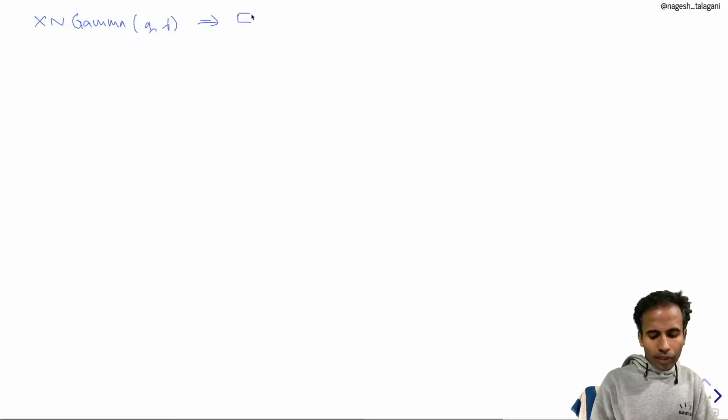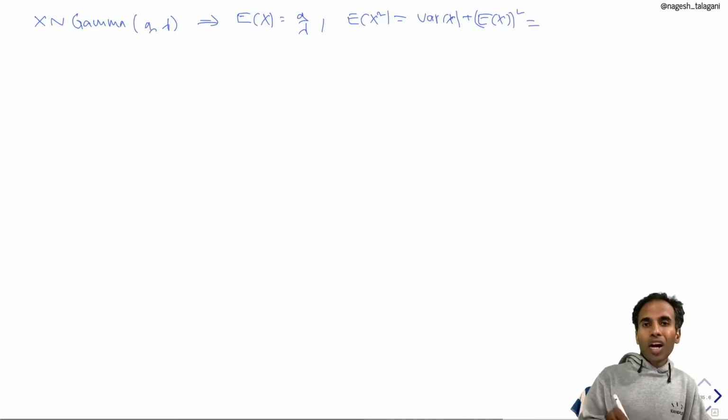So I can say the expectation of X is A by lambda, and the expectation of X square I can write as the variance of X plus the expectation of X whole square, and the variance of a gamma random variable with the parameters A and lambda is going to be A by lambda square. This is A by lambda whole square.